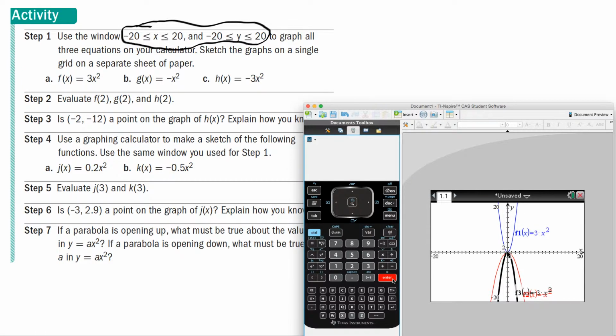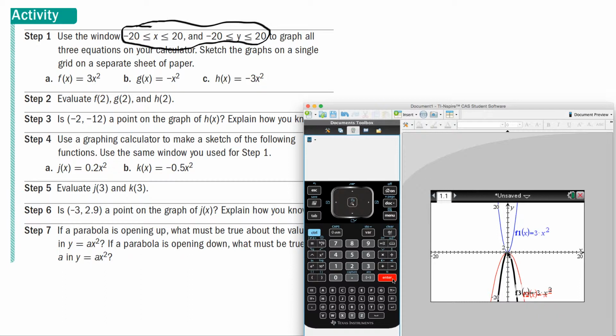It said evaluate for f of 2, g of 2, and h of 2 to find out what the values are. Well, for f of 2, that's the f sub 1, 2 squared is 4, 3 times 4 is 12, right? Okay.